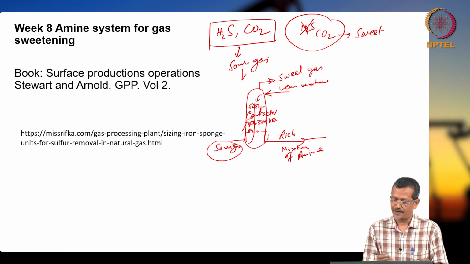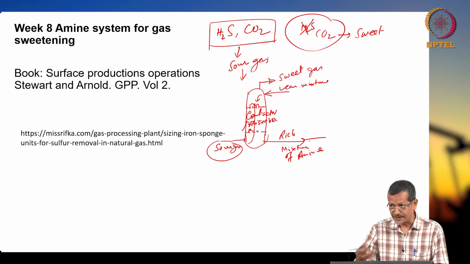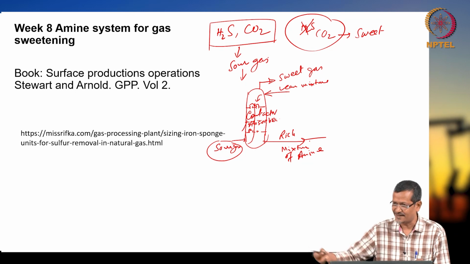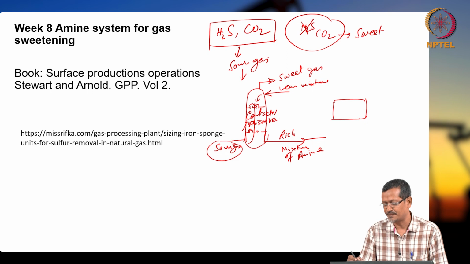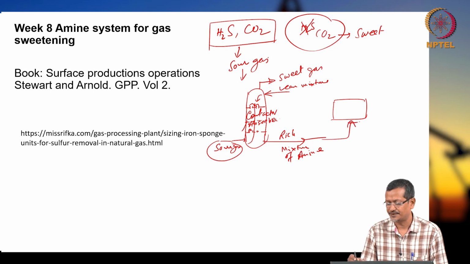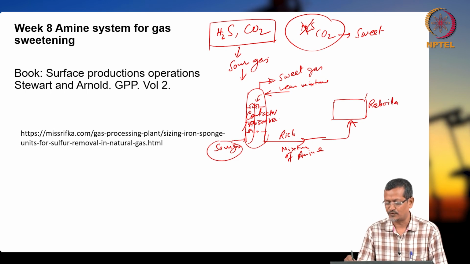Now every time you cannot buy from the market and use it, you have to reuse this rich mixture as a lean mixture. How to do it? You have to heat it using high temperature. So a reboiler or regenerator column will be there.